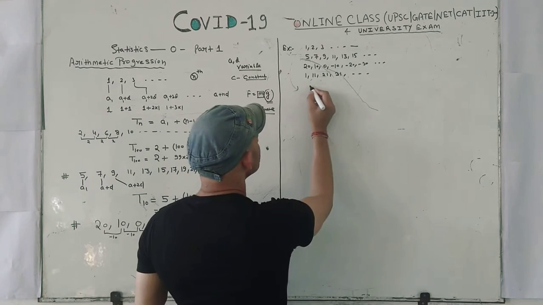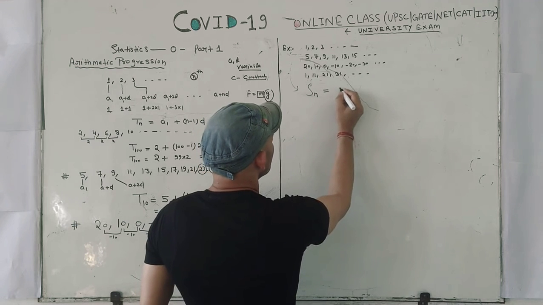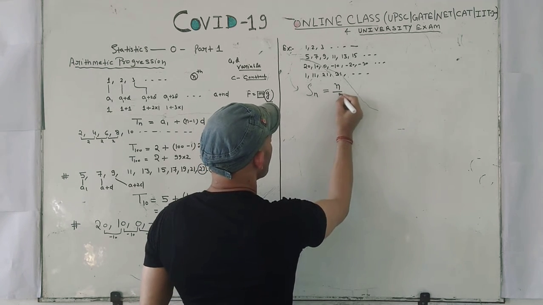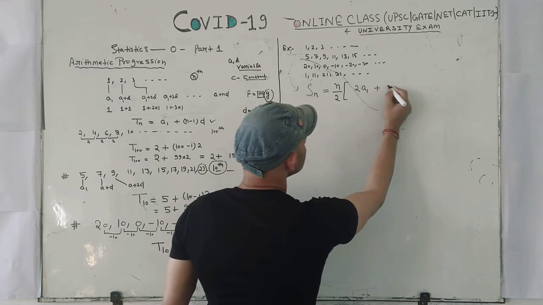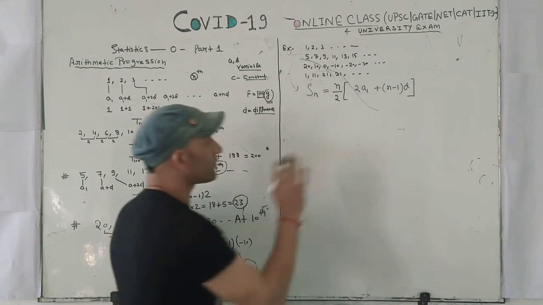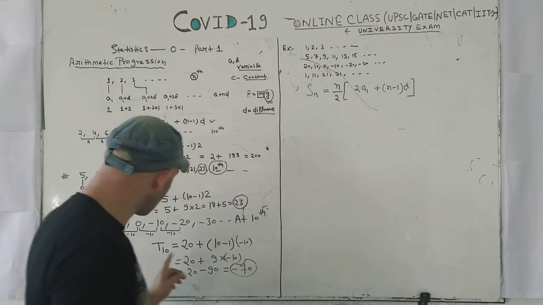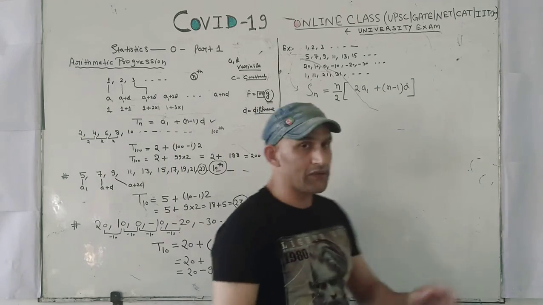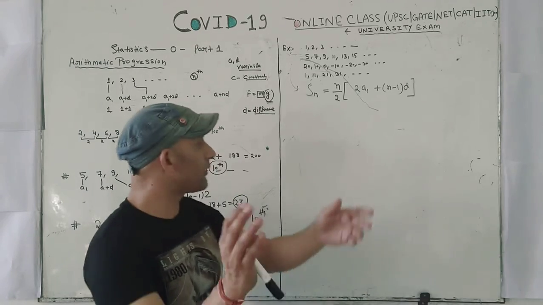Your formula for the sum is Sn is equal to n upon 2 into 2a1 plus n minus 1 into d. You have to remember this formula for a lifetime, because these formulas are very important, even after 20, 30, 40 years when you become old.